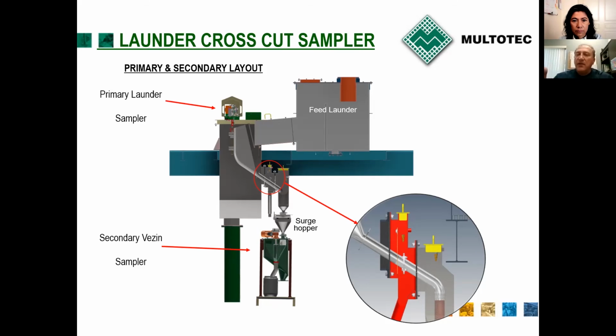Why a secondary sampler? Because when we do the design, some plants request a certain quantity according to the rule of sampling. The rule says you need to collect a minimum of 2 or 3 liters per hour, and so on.